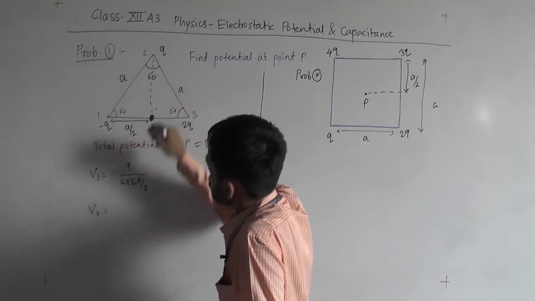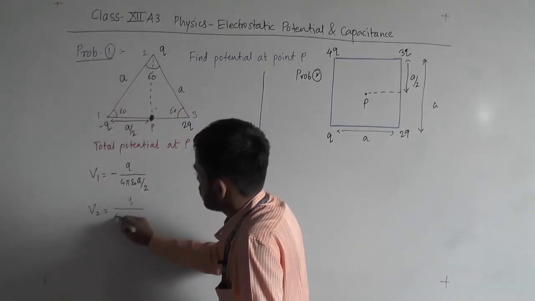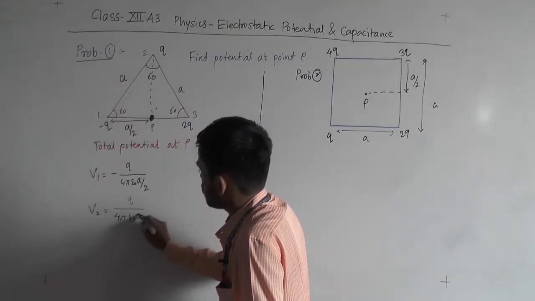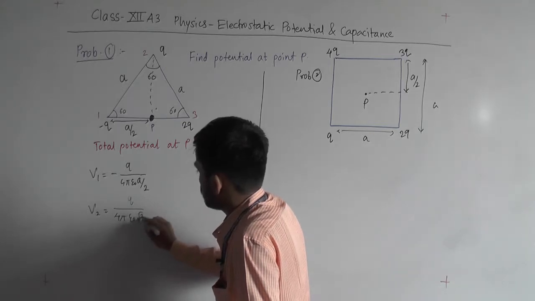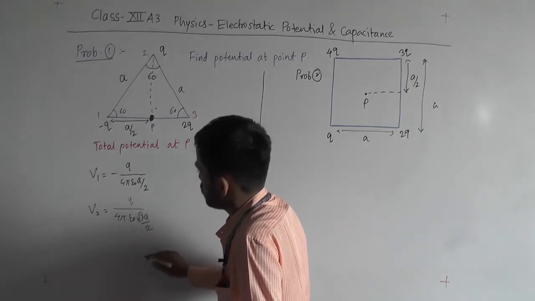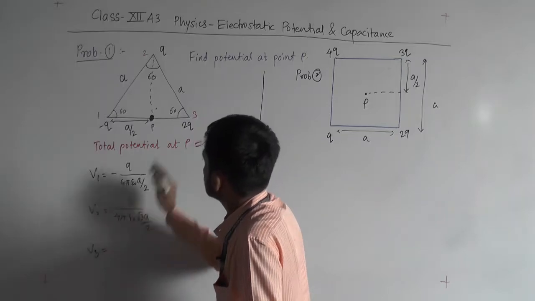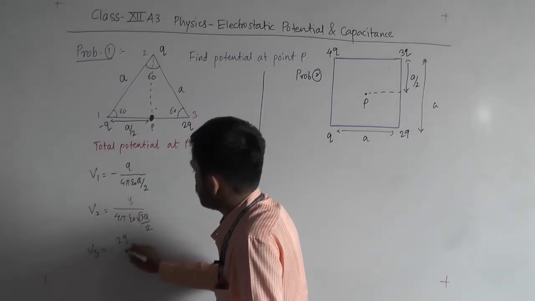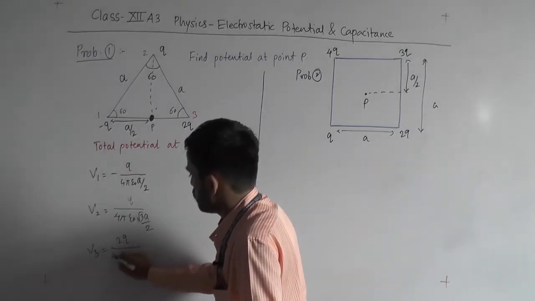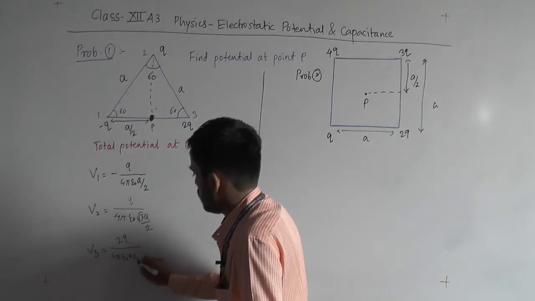So it will be Q upon 4 pi epsilon naught root 3 A by 2, and V3 will be the same, 2Q, it is plus, upon 4 pi epsilon naught A by 2.